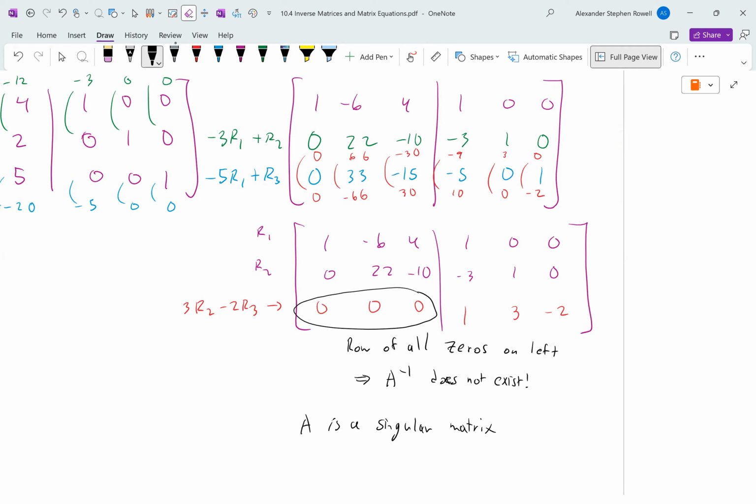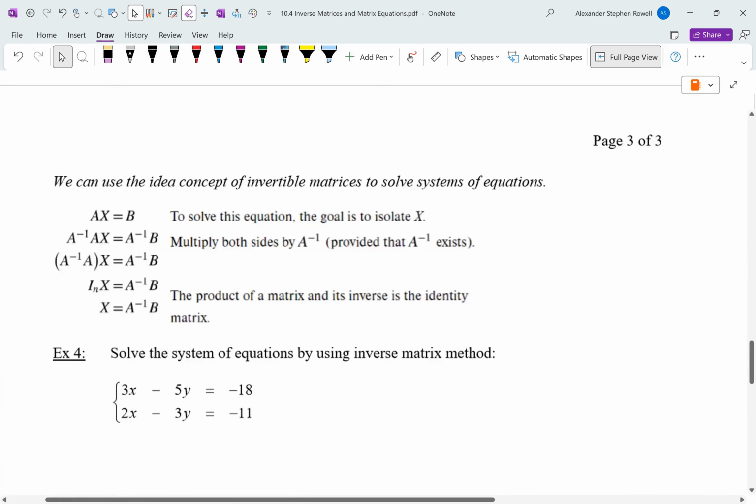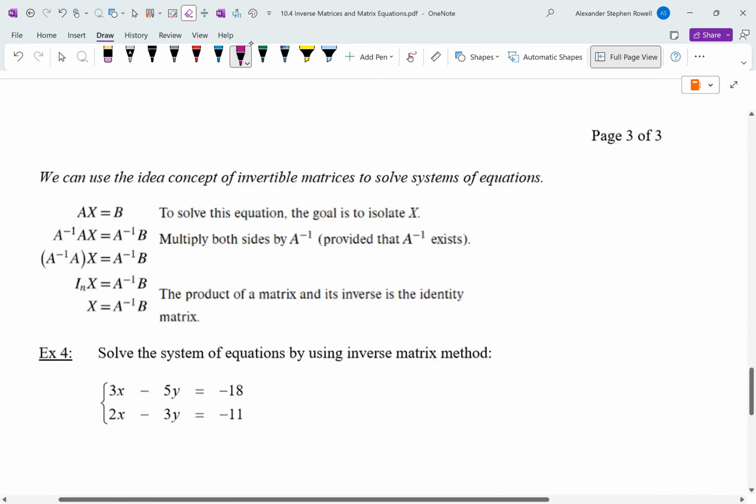Any questions about this? So why do we care if matrices have an inverse? It helps us solve matrix equations, which helps us solve systems of equations. So I'll just rewrite the same thing on the right-hand side. If I have matrix A times a variable matrix is equal to a solution vector or matrix.